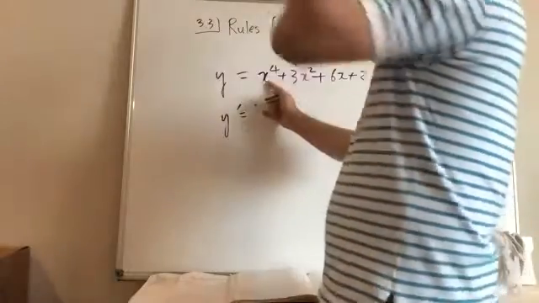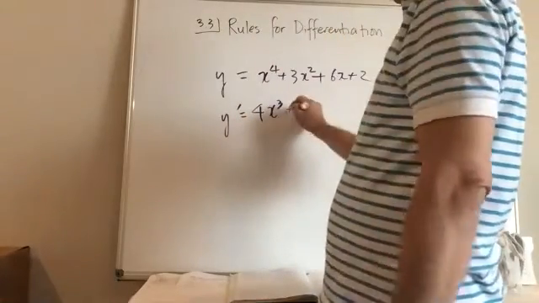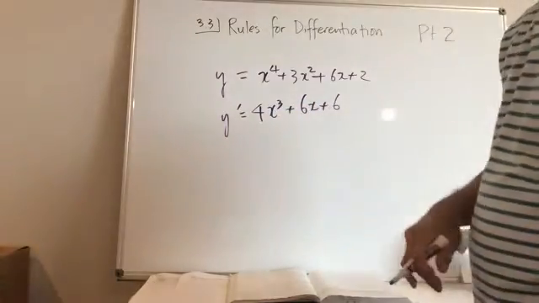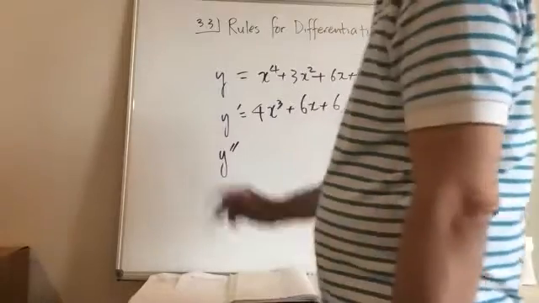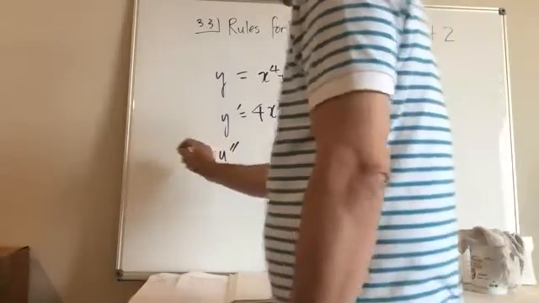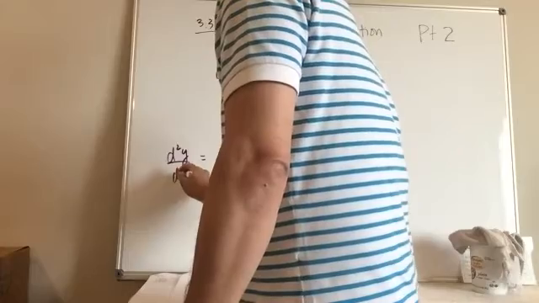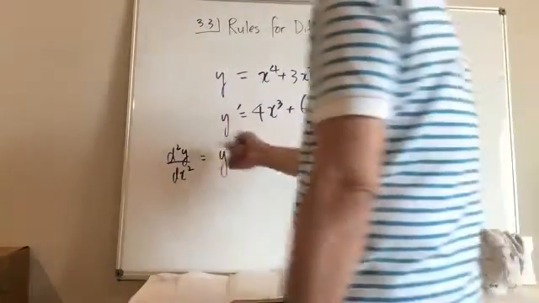If I take the derivative of this, I get 4x cubed plus 6x plus 6. Now I can take the double derivative, the derivative again, which looks like this, and that means a second order derivative of y.